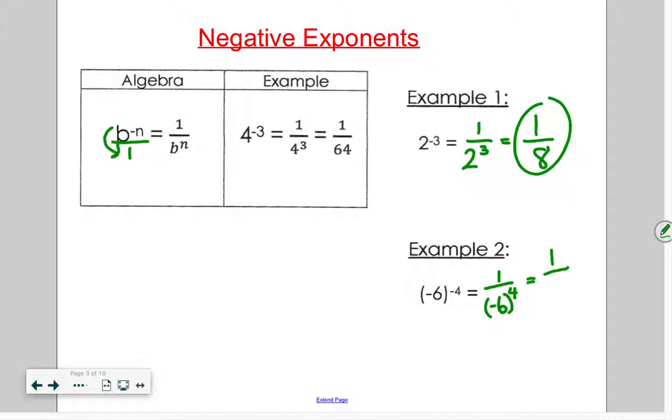It's an even exponent. It's a negative 6 times a negative 6, right? Which will be a positive 36. And then a negative 6 times a negative 6, which will make another positive 36. So I'd have 2 positives. So if this is a negative base and it's even, you're going to have a positive answer. What if that were an odd exponent? Then what kind of an answer would it be? Then it would be negative.